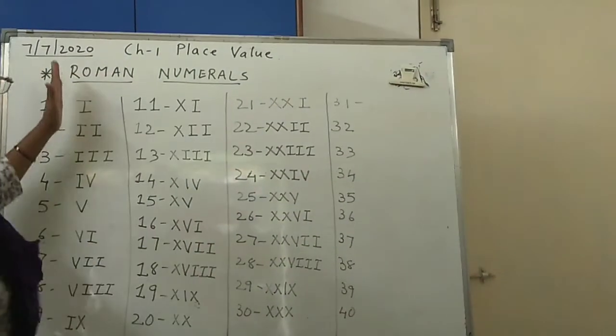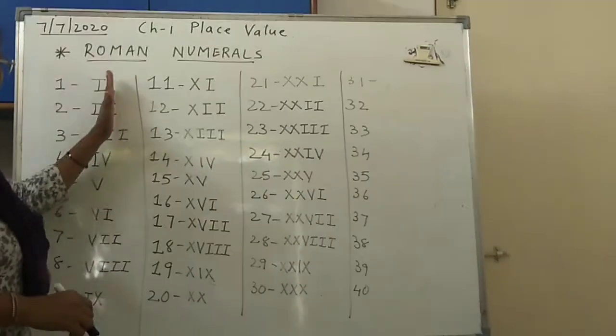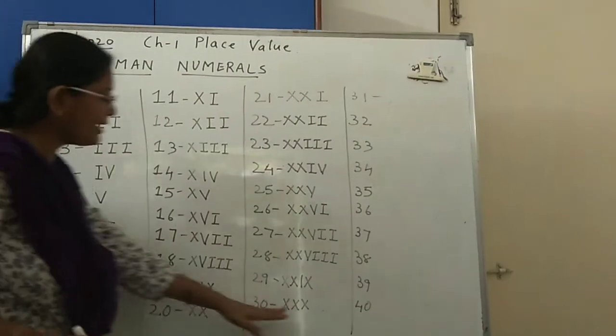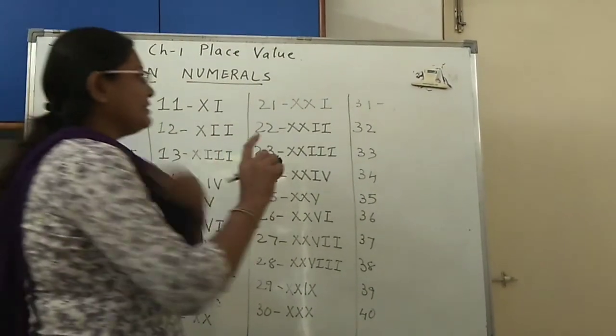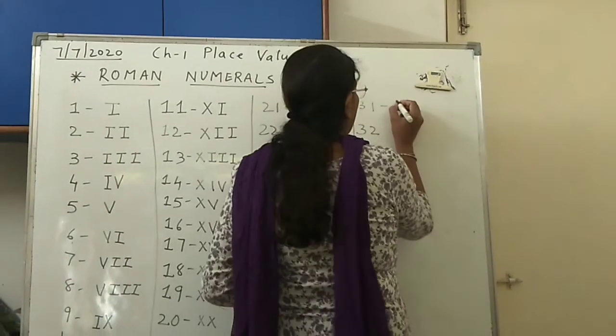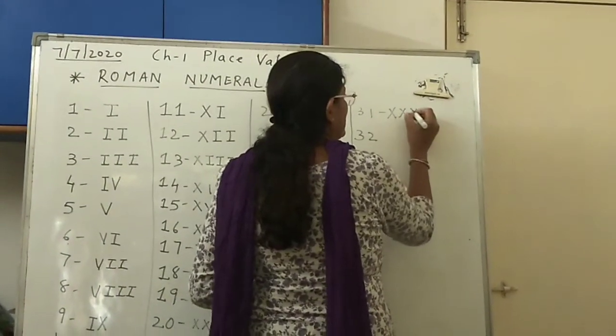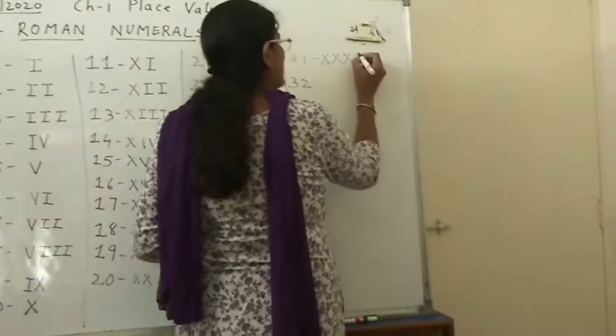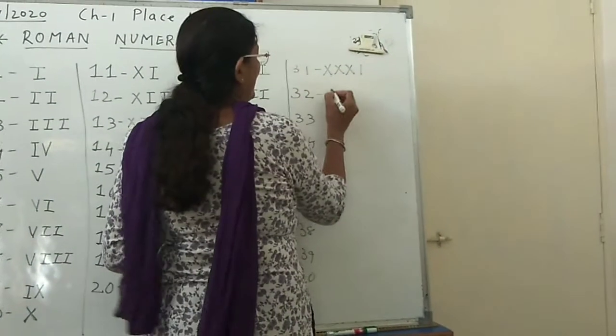Right? What we will do for 31? Same method. You have to use 1 to 10, and before these numbers you have to write 3 times X. That is 10 plus 10 plus 10. Okay? 10 plus 10 plus 10 means XXXI means 31. Okay?